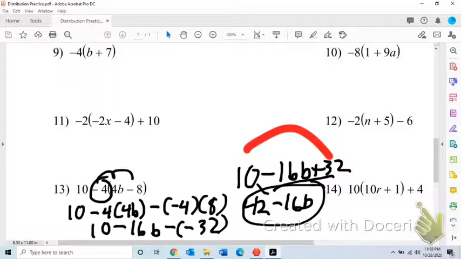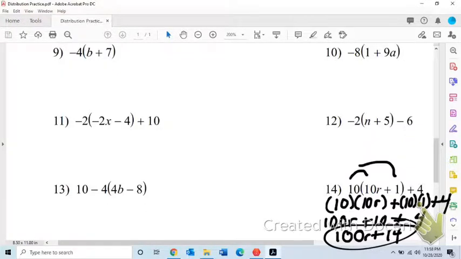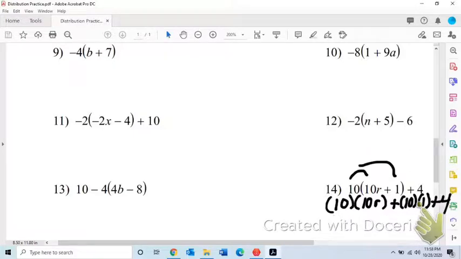We can't just go ahead and make up numbers. So number 14, we're going to distribute that entire 10. So we have 10 times 10r plus 10 times 1 plus 4. 10 times 10r is 100r plus 10 times 1 is 10 plus 4. We can combine the 10 and the 4 and get 100r plus 14.